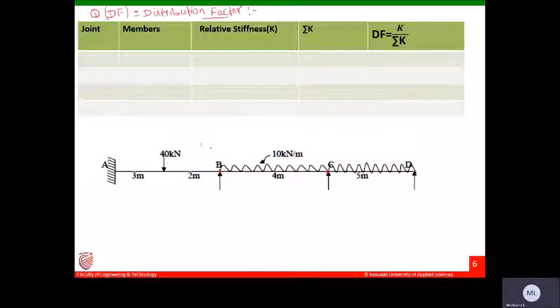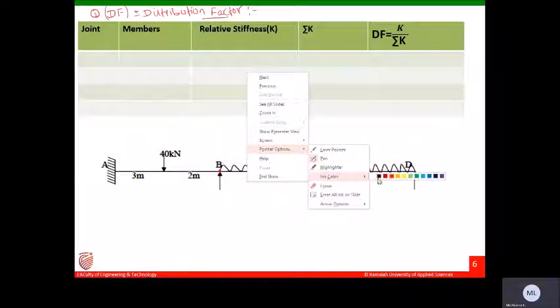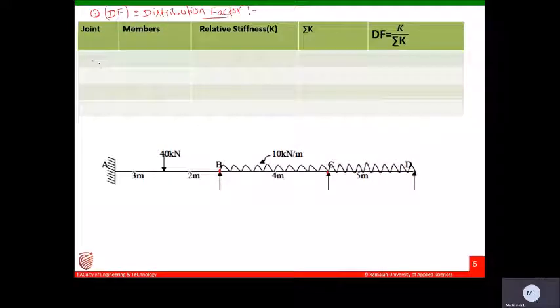Now let us identify which one is the intermediate support here. B is the intermediate support and C is the intermediate support. Then what are the respective members for the intermediate joints?